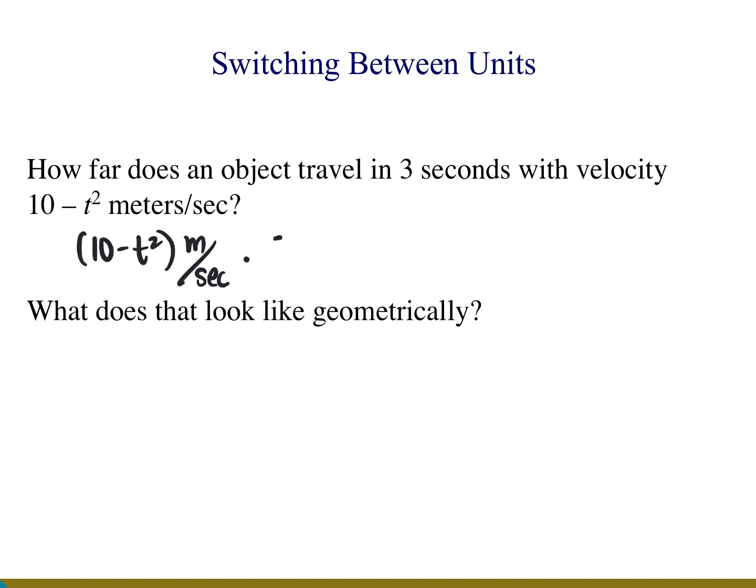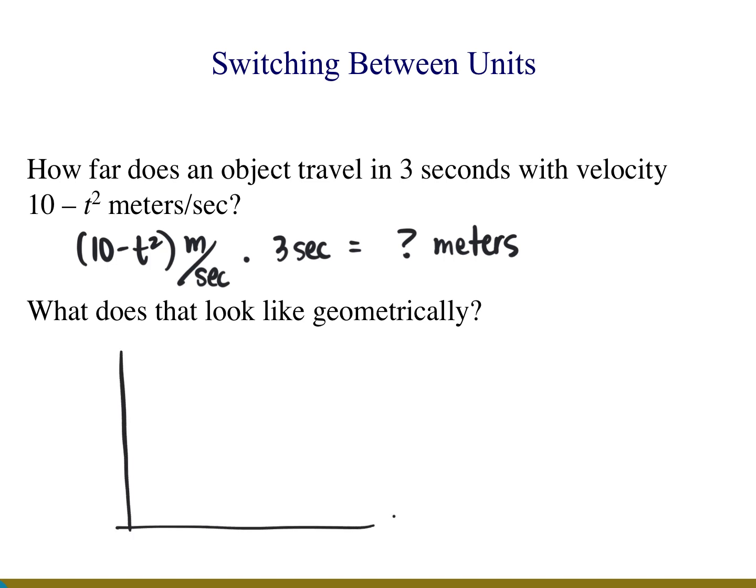It has to be multiplied by 3 seconds, but we're dealing with a variable here. So the question is, how many meters will we end up with? So we need to think of this geometrically again. All right, so once again, we'll draw our velocity graph. Okay, 0 to 3.